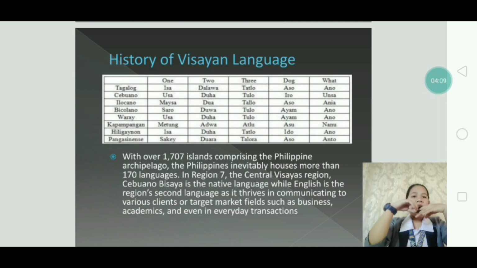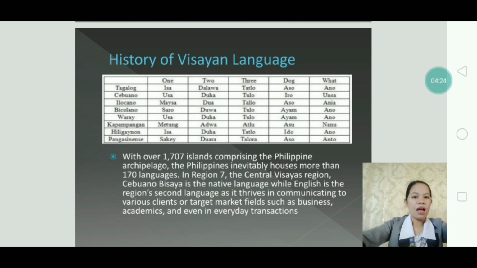Now, there are examples for each of the words. And at this moment, I want you to give an example. Let's just focus on the Cebuano. We have usa, duha, tulo, upat, unsa.